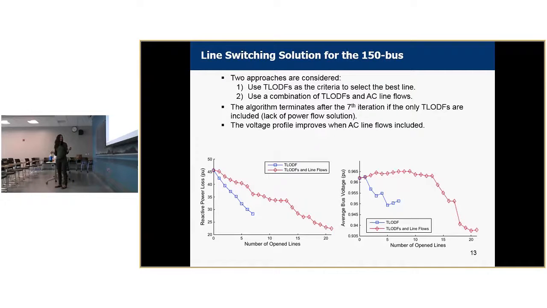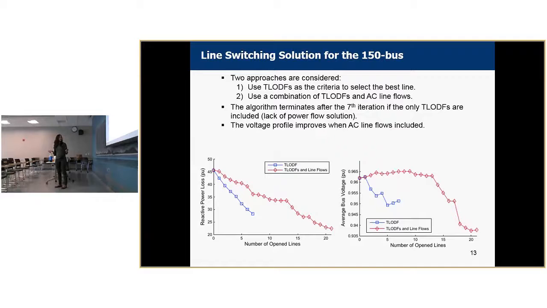Now, if you look at the figure on the left, you see that in each iteration, when you only consider TLODF, you end up getting lower losses, which is good. But if you look at the voltage, you see that the one that only considers TLODF has a much lower voltage, so the voltage profile isn't very good.